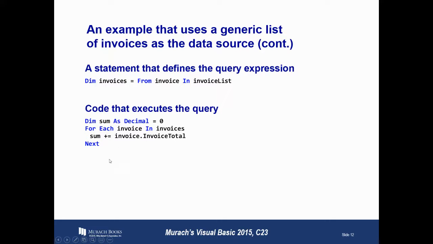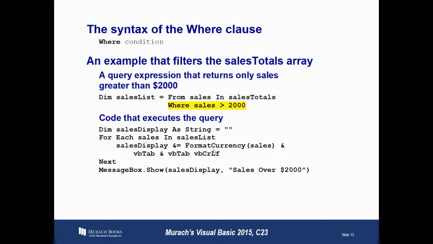So we're getting to the point, okay, now we get this idea that we can query other things, right? We're querying a list of invoices here, but this is still kind of a lame example of what this can do because we're not really doing anything other than just looping through the list. But we can actually query our data source. That's what LINQ is doing.